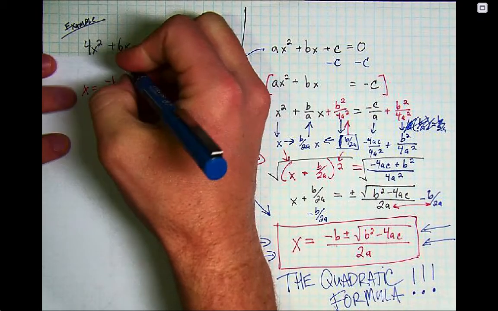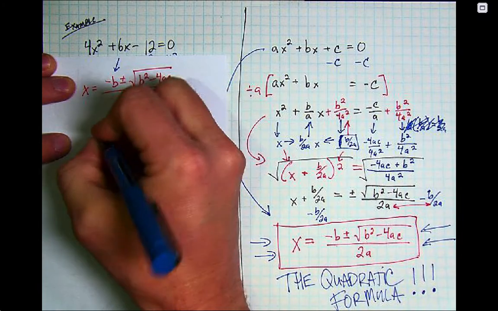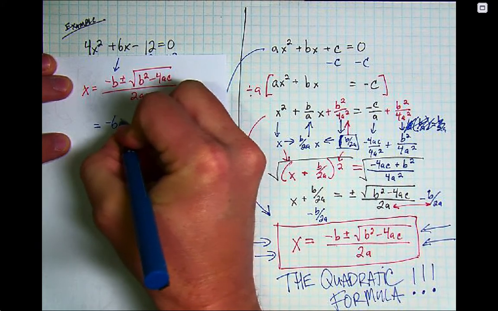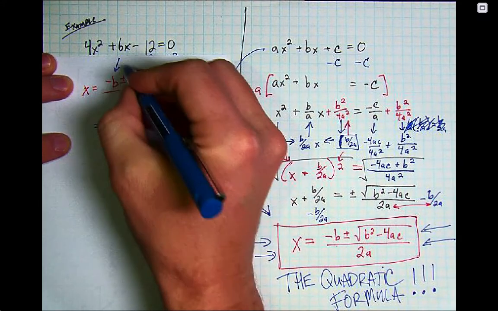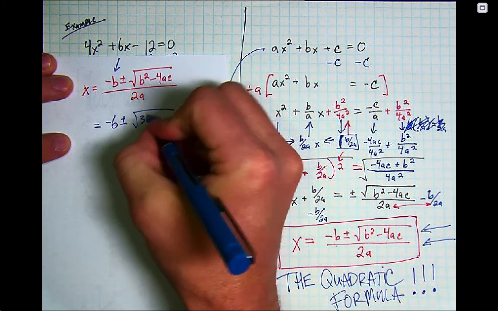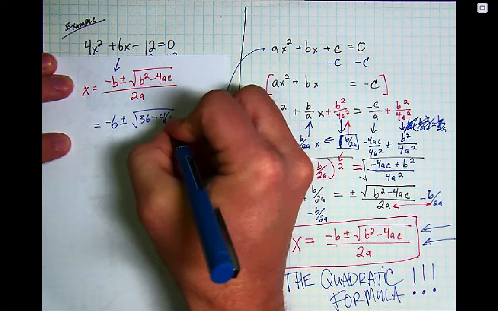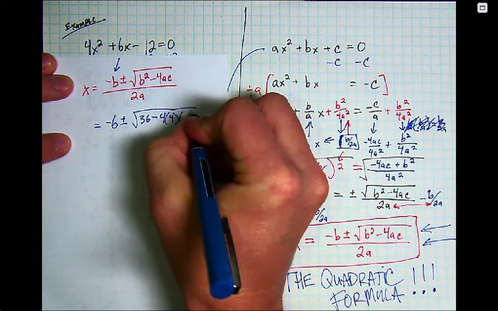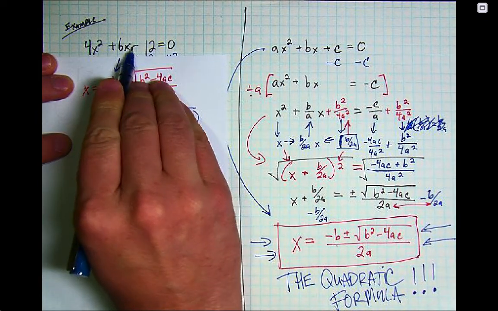All I have to do is, for negative b, I'm going to plug in my b value. For b squared minus 4ac, I'm going to plug in my b value. Minus 4 times a times c. Don't forget the negative.